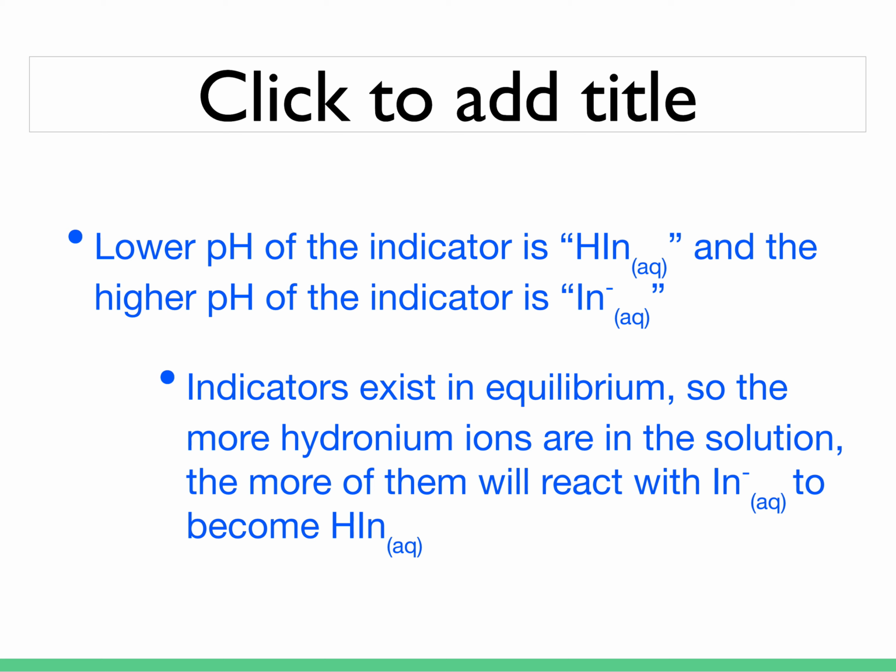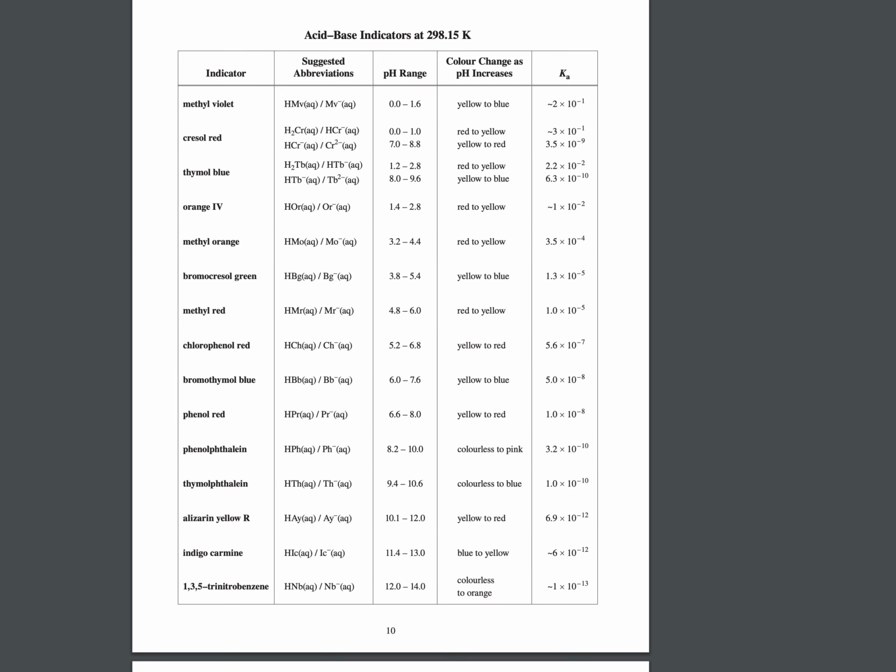These indicators exist in equilibrium, so they can shift around which version they are, if they're the more acidic version or if they're the more basic version, as their environment changes. Now, it's easier to explain this if we actually take a look at the chart.